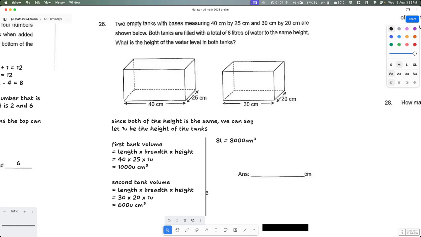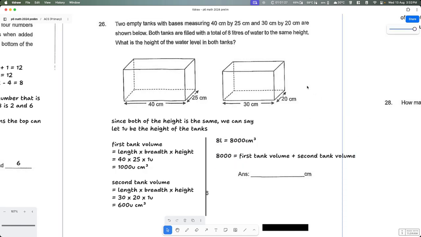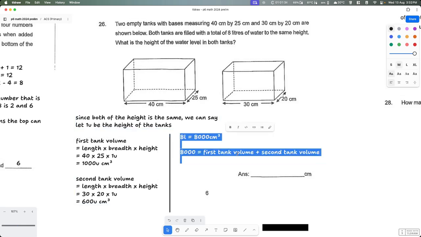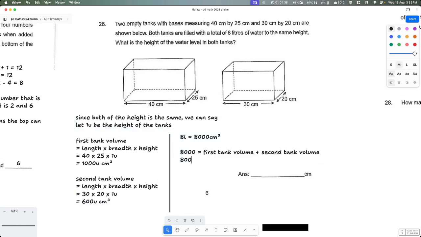So 8000 is equal to the first tank volume plus the second tank volume. So 8000 is equal to 1000u plus 600u. So 8000 is equal to 1600u.